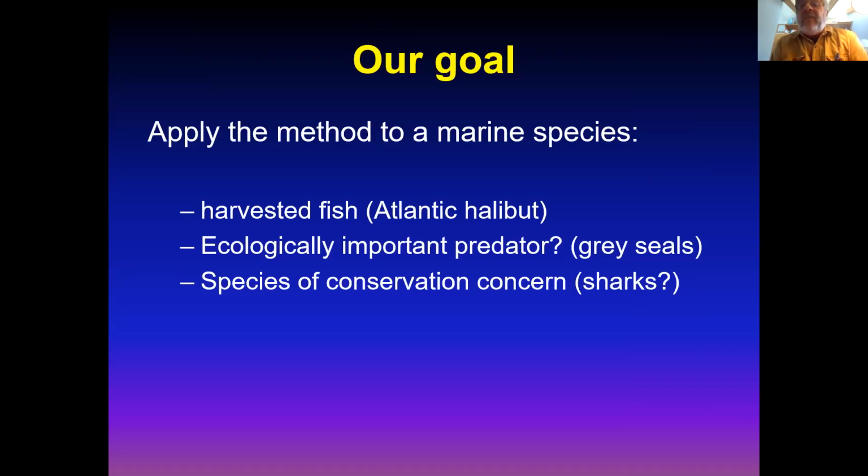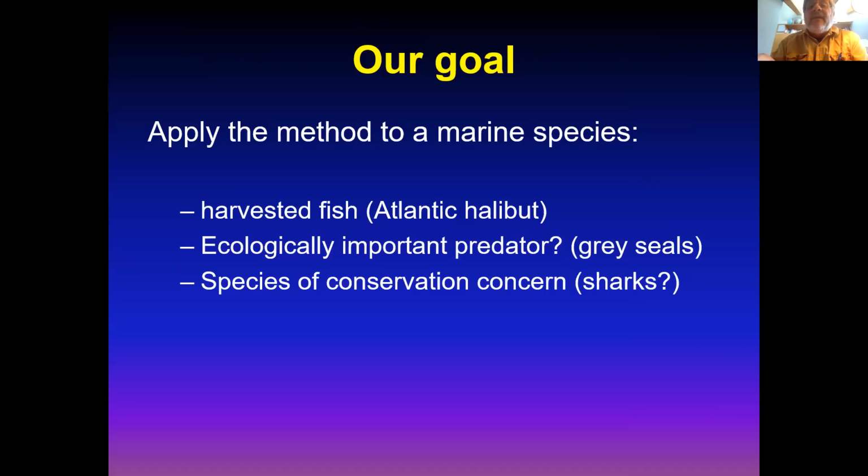For instance, gray seals would be a good system to do it with, certainly the ones that breed on Sable Island. And I tried getting funded for that, but with no success. Or it can also be applied to species of conservation concern, like sharks or turtles.